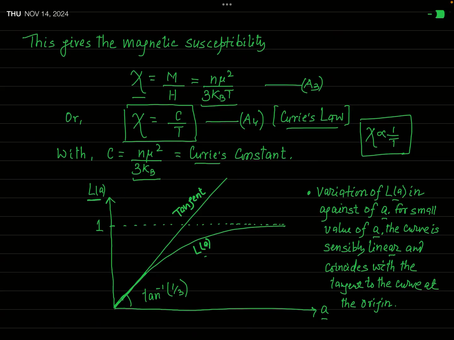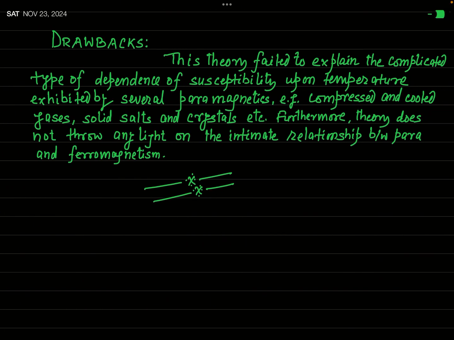But as I have told you earlier, there are some drawbacks of this theory, and you can see what those drawbacks are. Actually, I have mentioned here that this theory failed to explain the complicated type of dependence of susceptibility upon temperature exhibited by several paramagnetics.